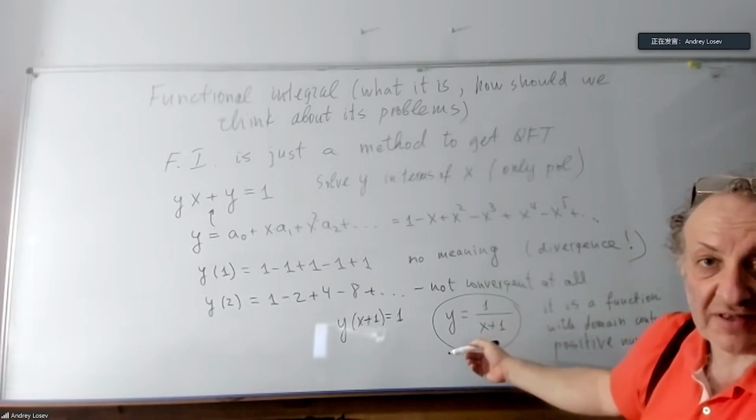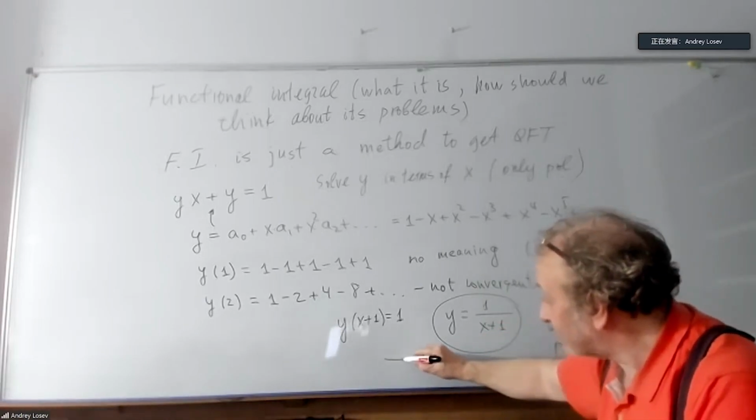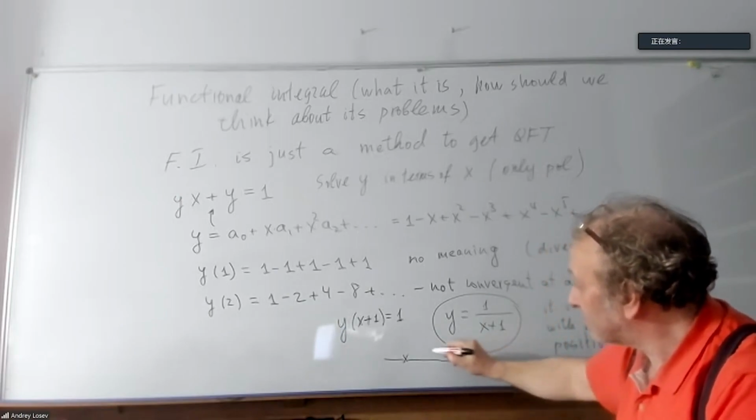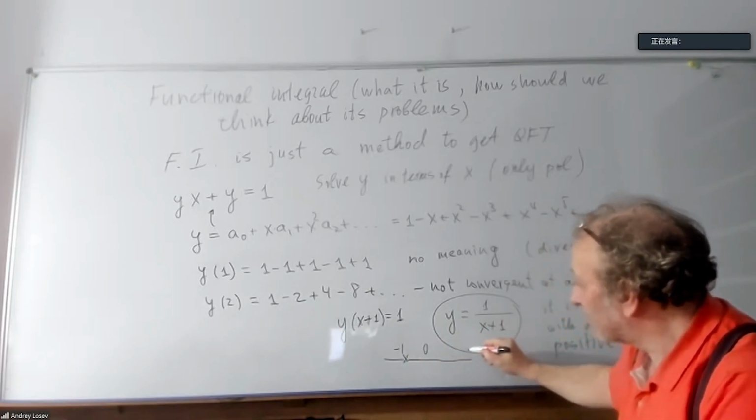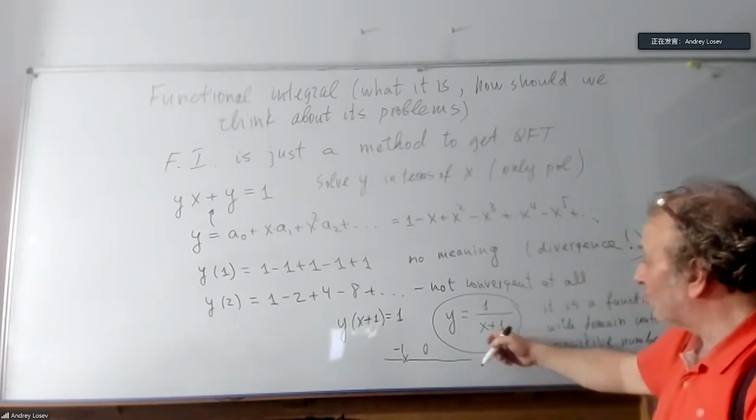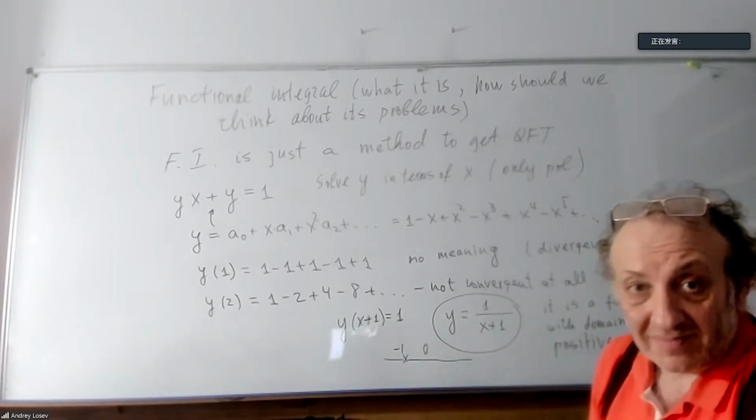So of course you understand that maximal domain is this. You just need to exclude -1.